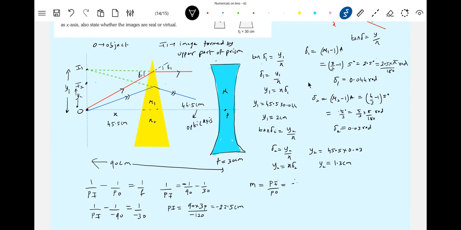So magnification is minus 22.5 by minus 90.